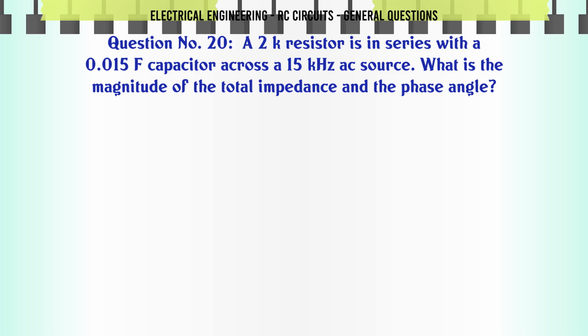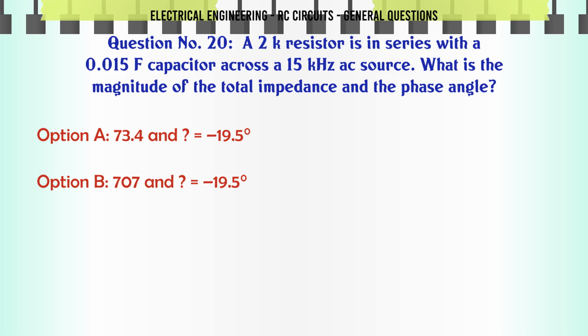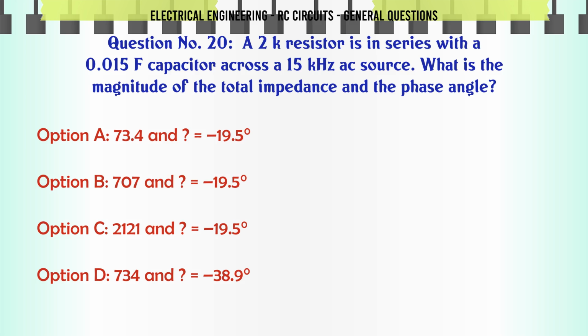A 2K resistor is in series with a 0.015 µF capacitor across a 15 kHz AC source. What is the magnitude of the total impedance and the phase angle? A, 73.4 Ω and 19.5°. B, 707 Ω and 19.5°.